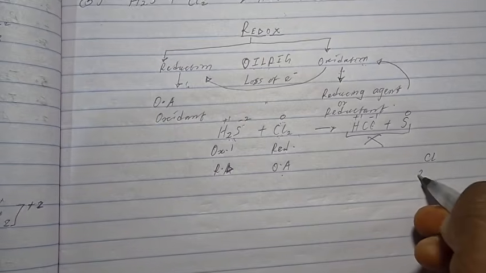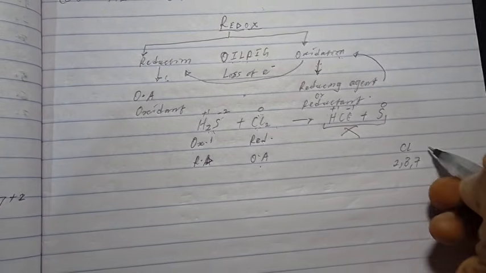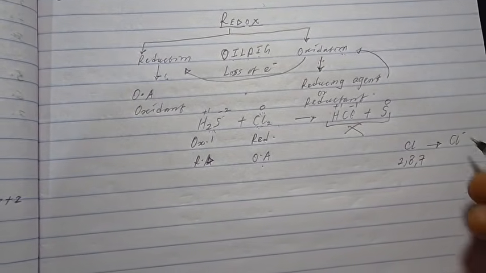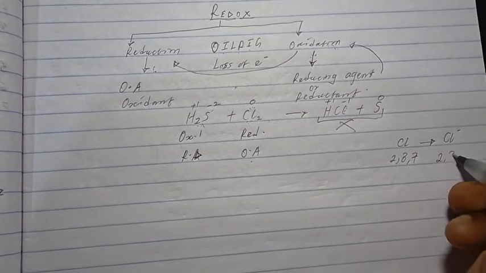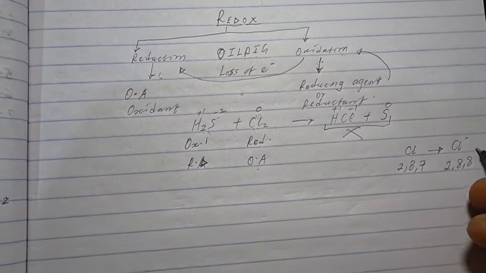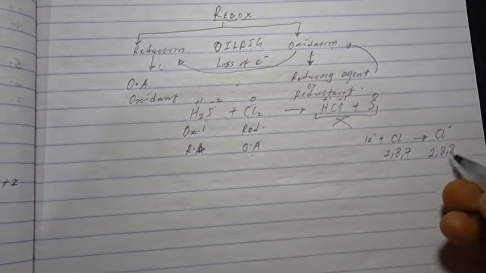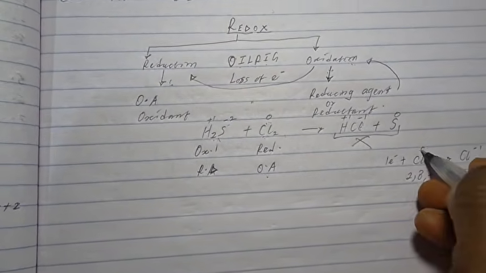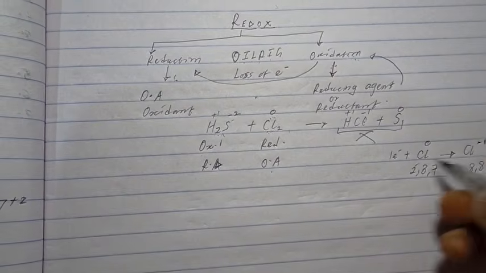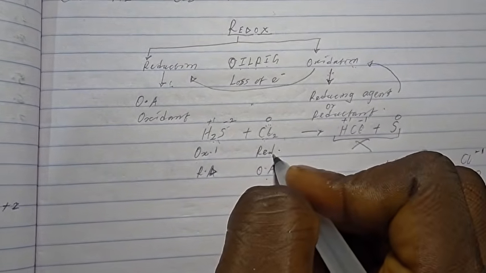Chlorine is 2,8,7. Then when it gains 1 electron, it becomes Cl minus, and that's going to give us 2,8,8. So that means 1 electron has been added. So going from 0 to -1 means it has gained electron. That's why we say it's undergoing reduction.